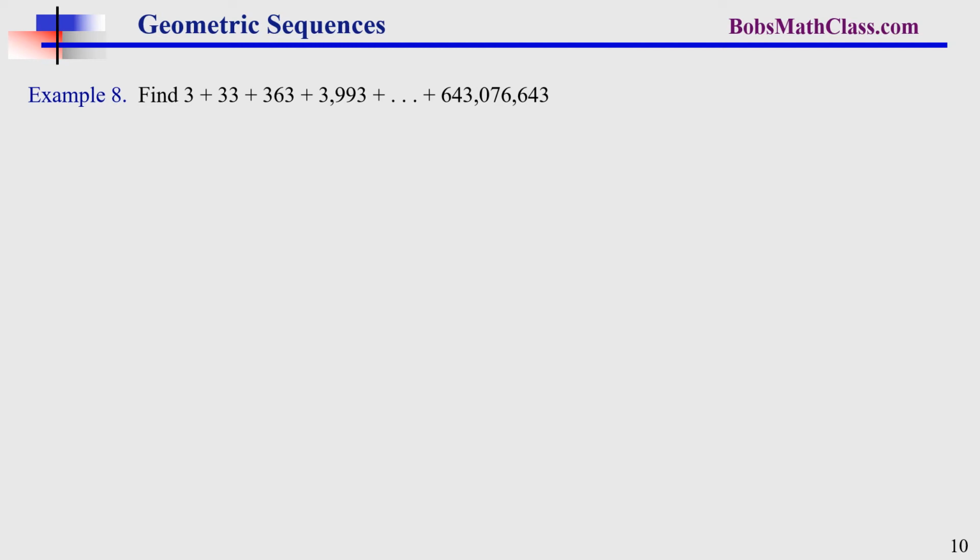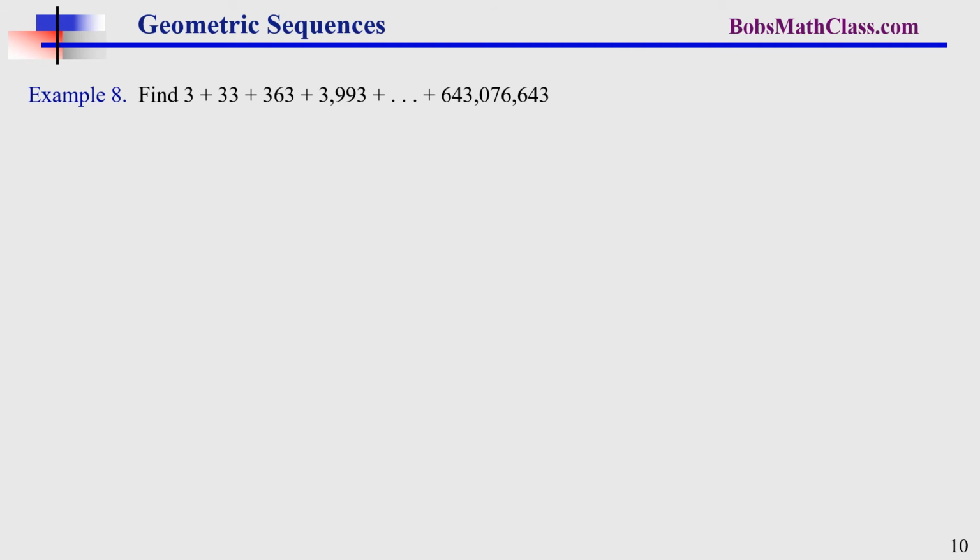On the last section, we talked about arithmetic sequences, and this section we're talking about geometric sequences. In the problem, it doesn't say what kind of sequence it is. You need to be able to recognize which one it is. Of course, this is a section on geometric sequences, so it's probably an example of a geometric sequence.